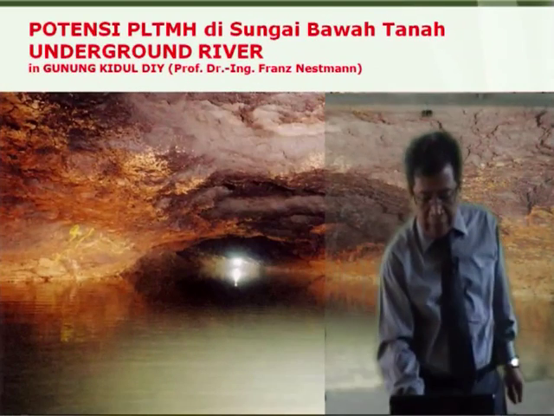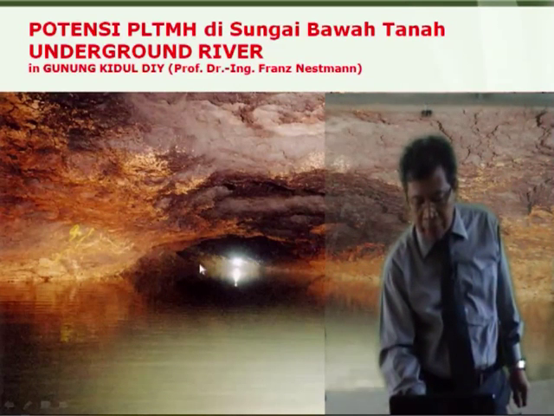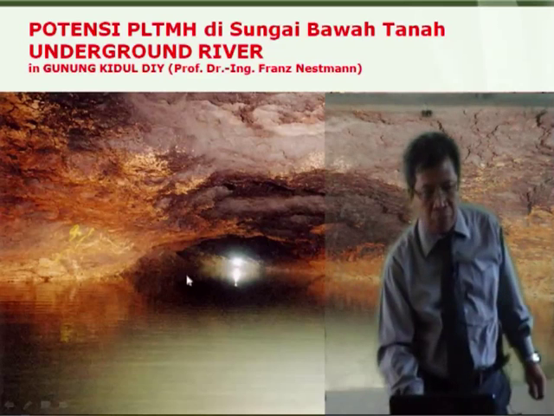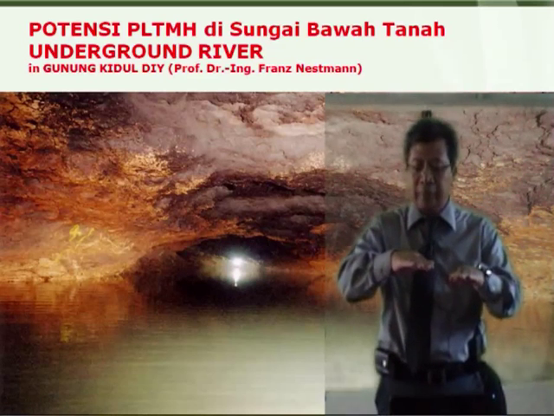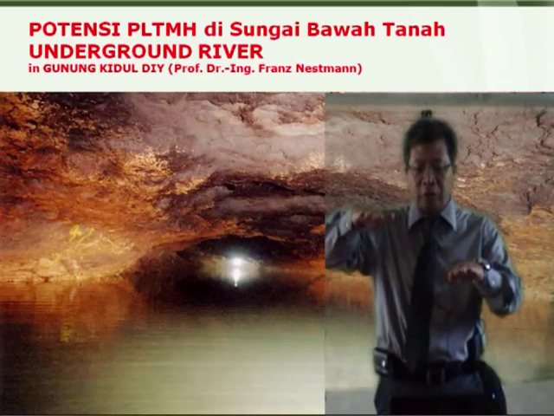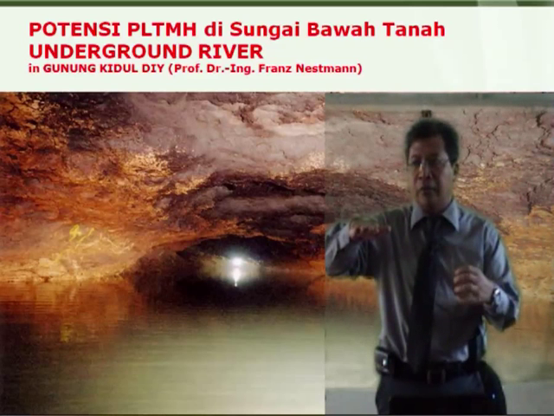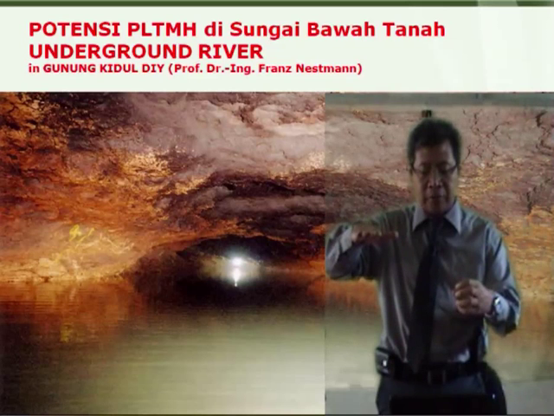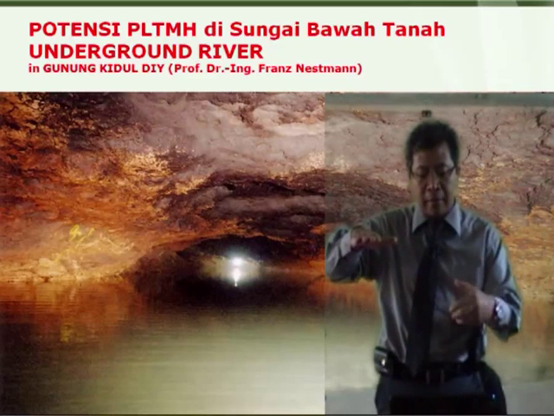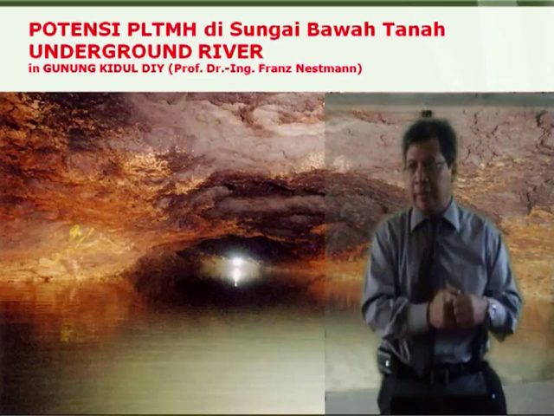You can see, if we can stop here, we can plug here with a barrage or weir or dam, then the water will rise up to a certain level, and then you can build microhydro here, so you have enough pressure to make the turbine and the generator run, and then you get electricity from there.